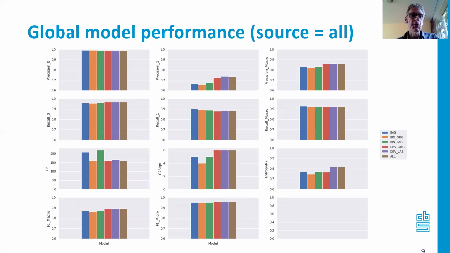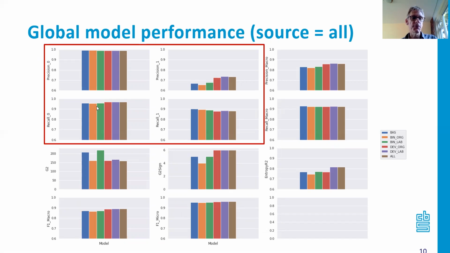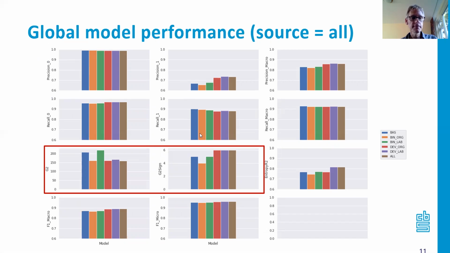Concerning the global model performance, we looked at a number of measures. First of all, we have the precision and the recall of the no cyber class, and we found this was much better than the recall and precision of the high cyber class. The G-squared test resulted in a rather large value.